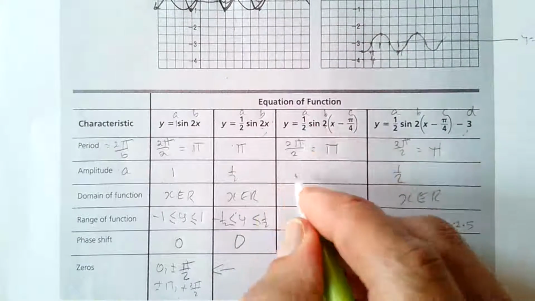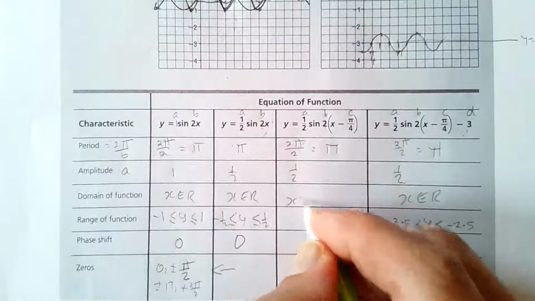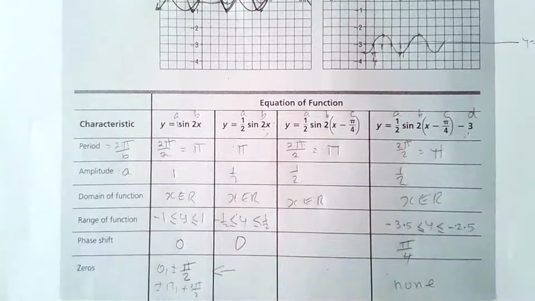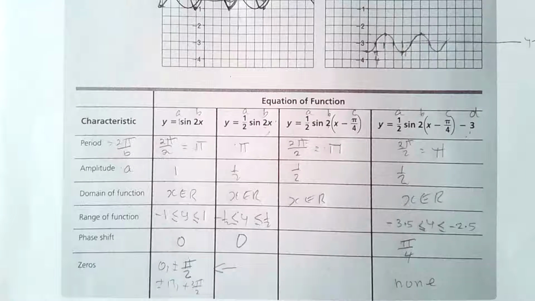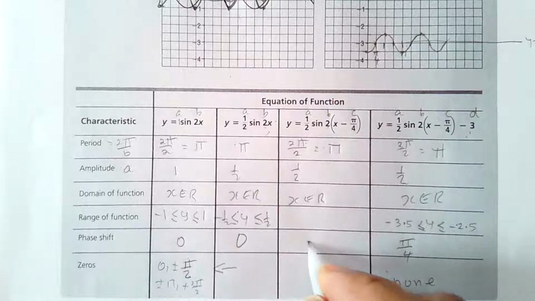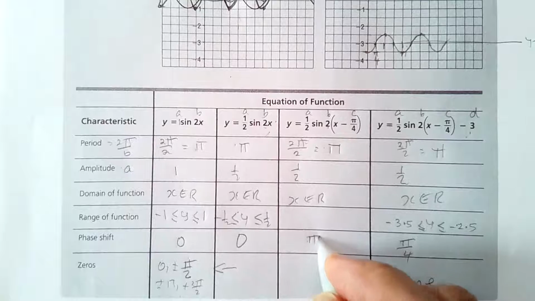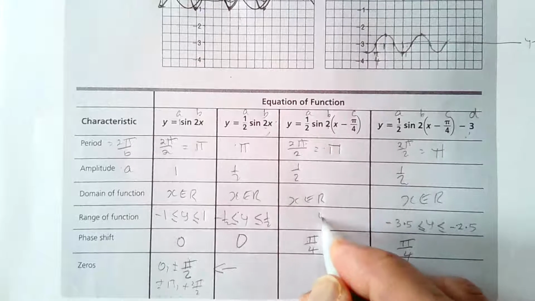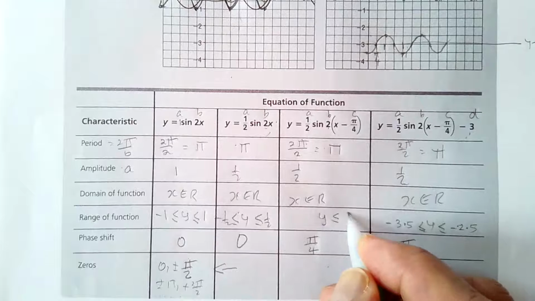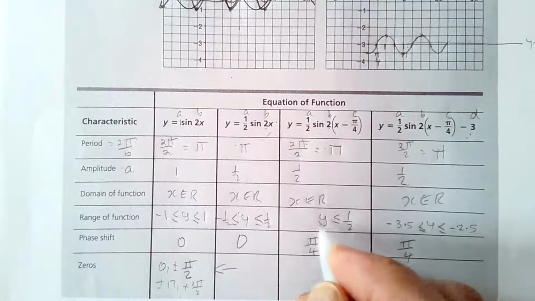The amplitude is a half. We know x is a set of real numbers. And we have the phase shift here is pi/4. The range is from a half to -1/2.